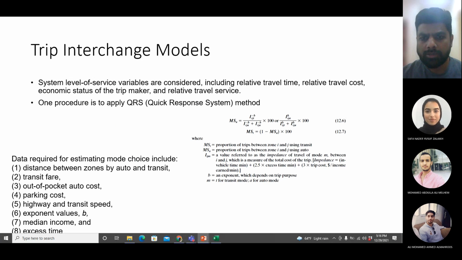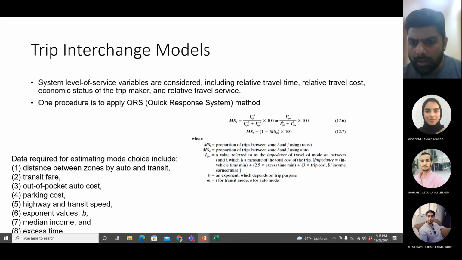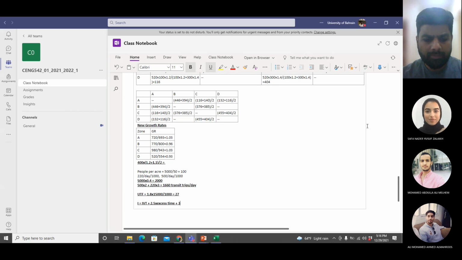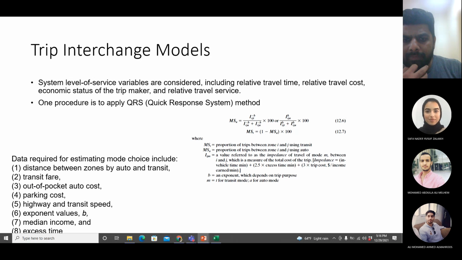Impedance is, let me write the equation: in-vehicle time, plus 2.5 times access time, plus 3 times trip cost per income earned per minute, so 3 times trip cost per income per minute of the trip time.